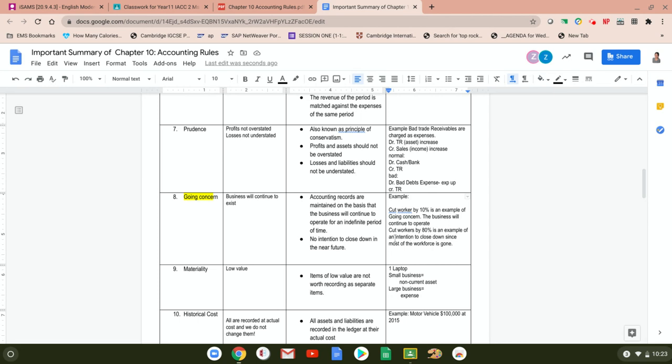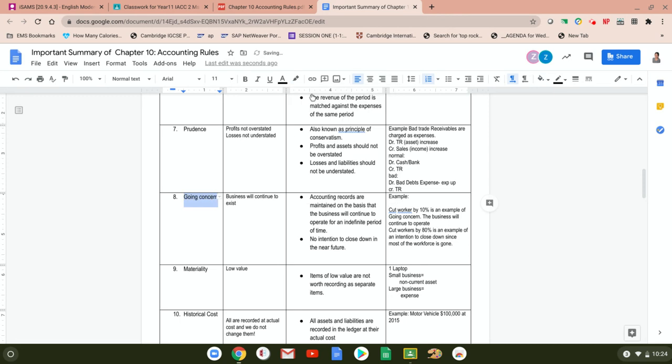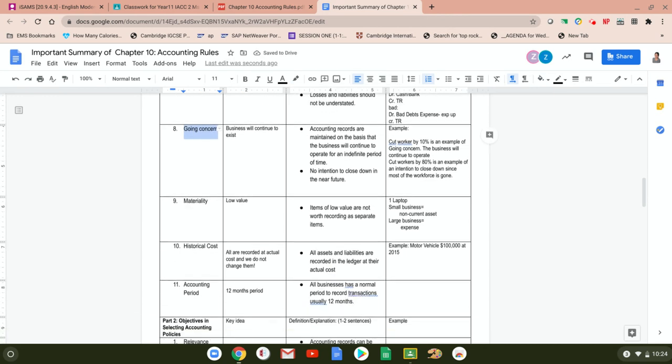Now, if you cut your workers by 80%, that's a big thing. It means you have the intention to close down. So going concern means we assume that the business will continue to exist with no intention to close.